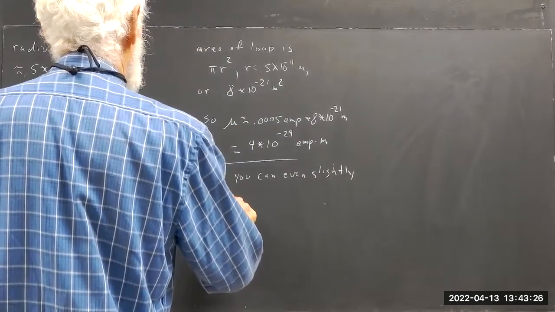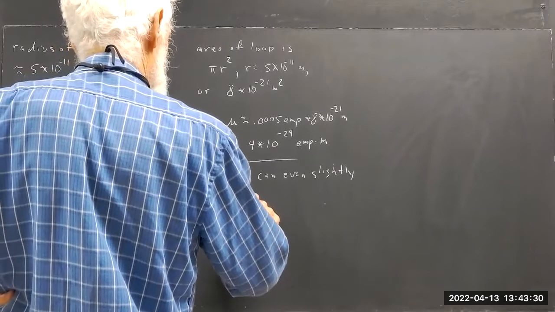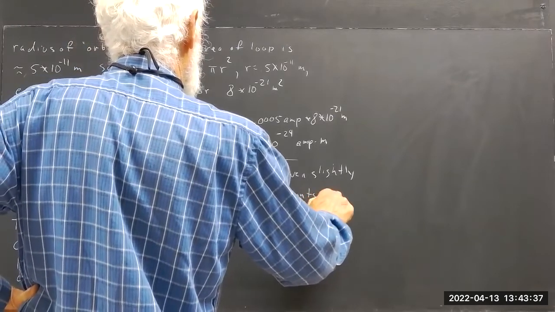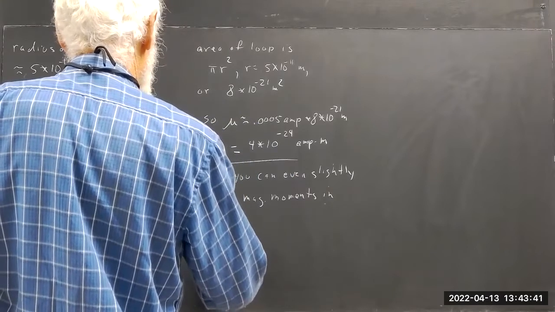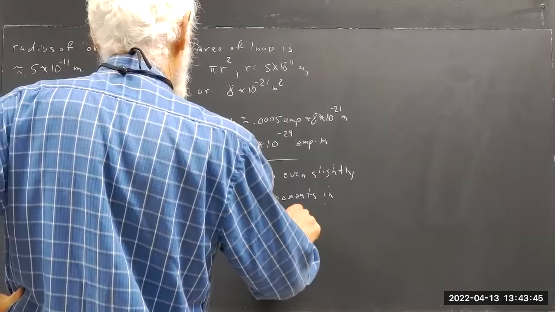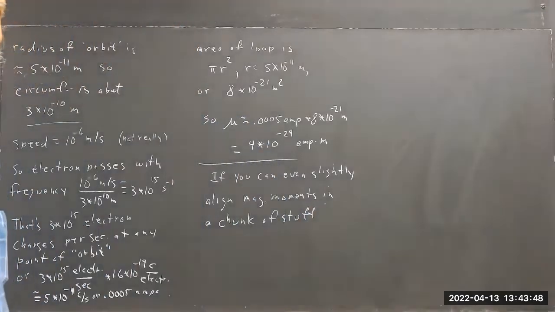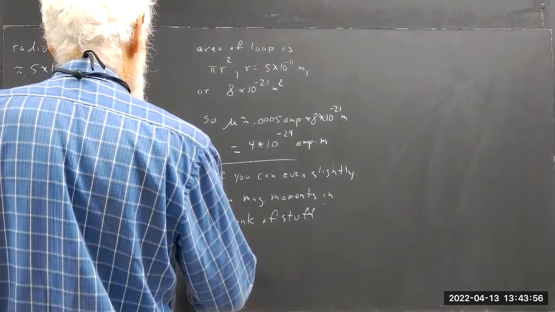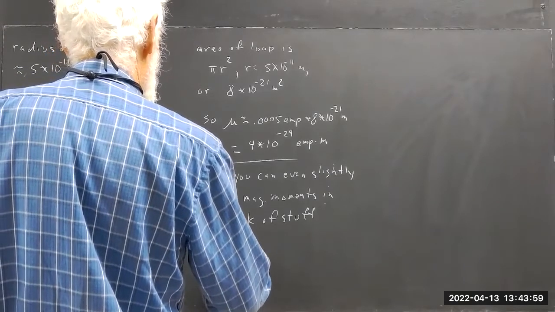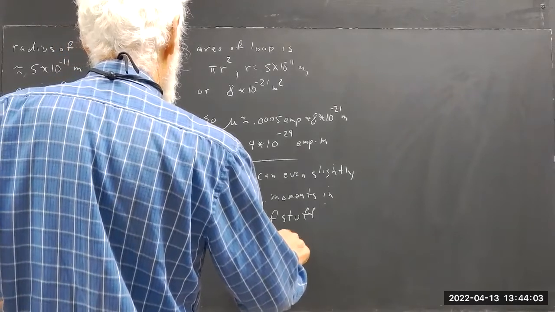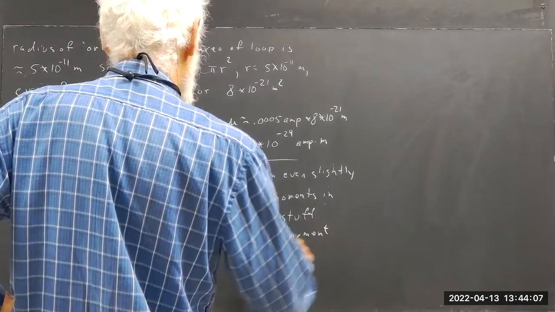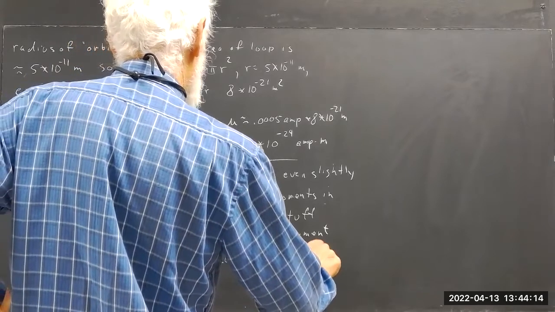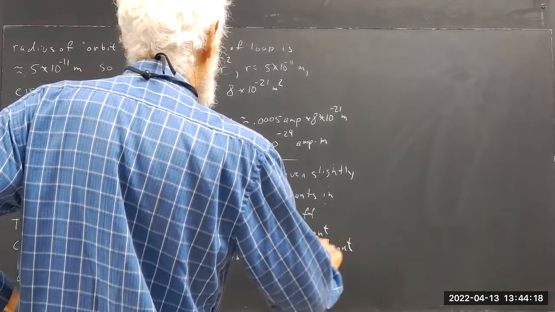If you can even slightly align a chunk of stuff, the magnetic moment becomes very significant.